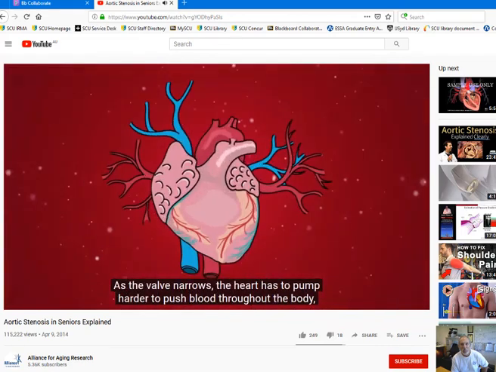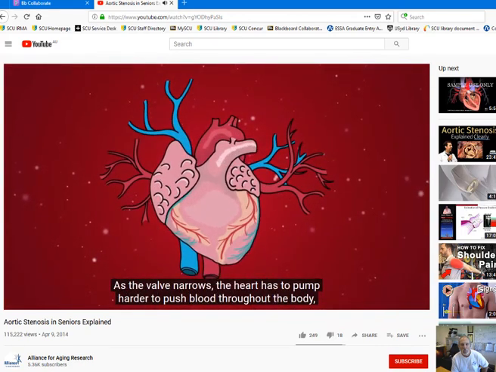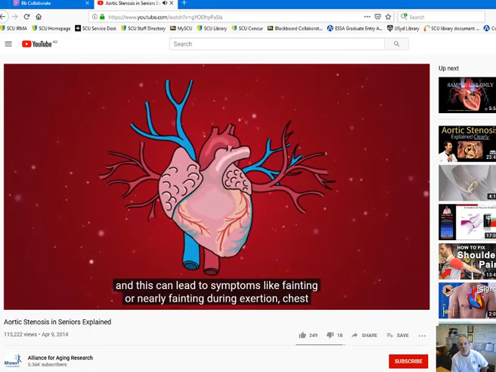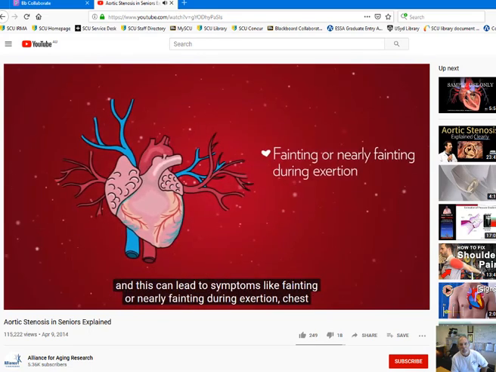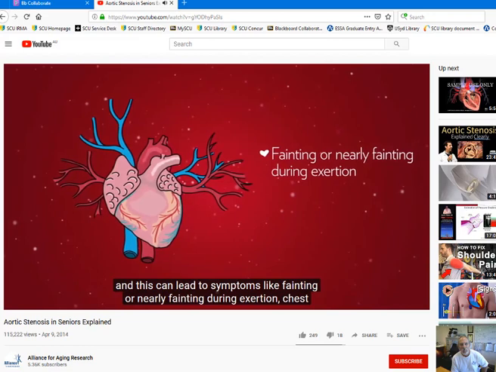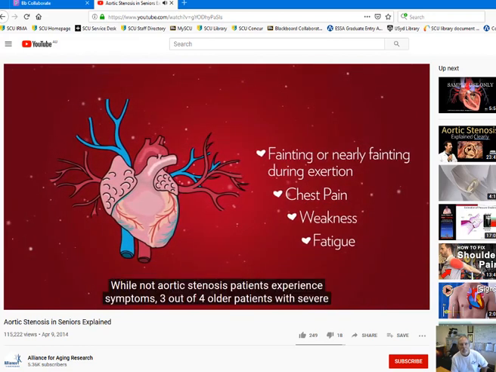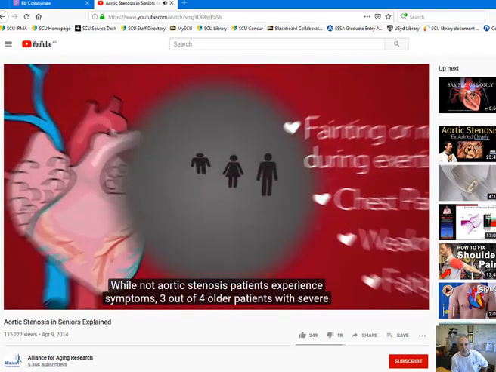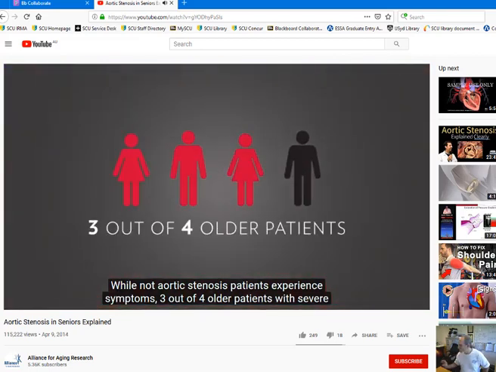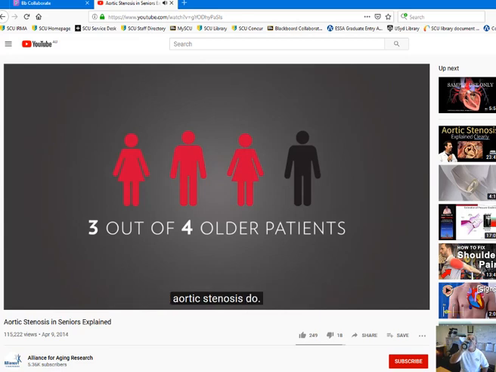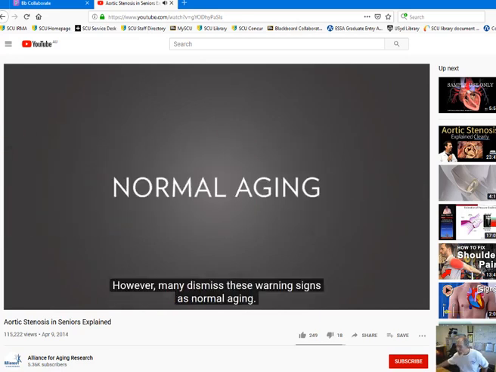As the valve narrows, the heart has to pump harder to push blood throughout the body, and this can lead to symptoms like fainting or nearly fainting during exertion, chest pain, weakness, and fatigue. While not all aortic stenosis patients experience symptoms, 3 out of 4 older patients with severe aortic stenosis do. However, many dismiss these warning signs as normal aging.